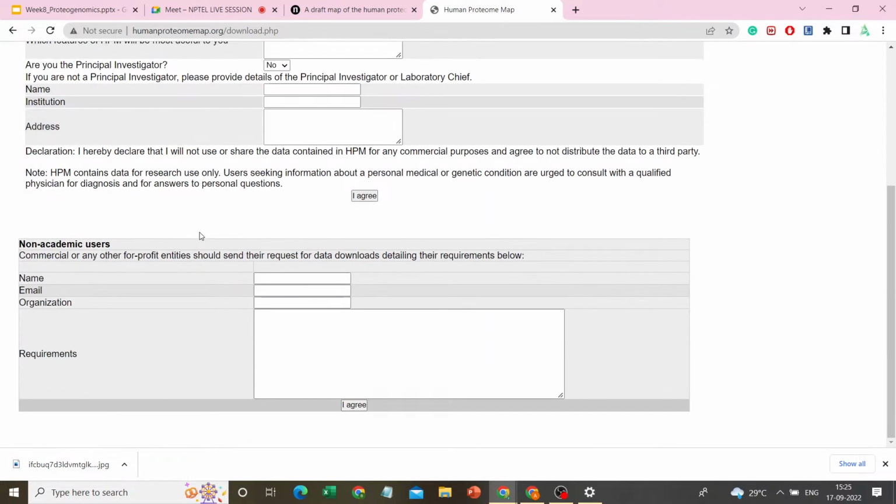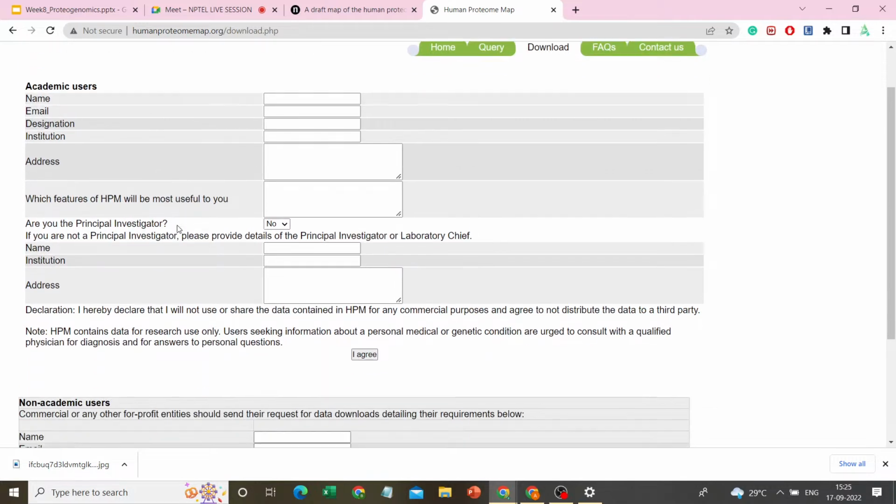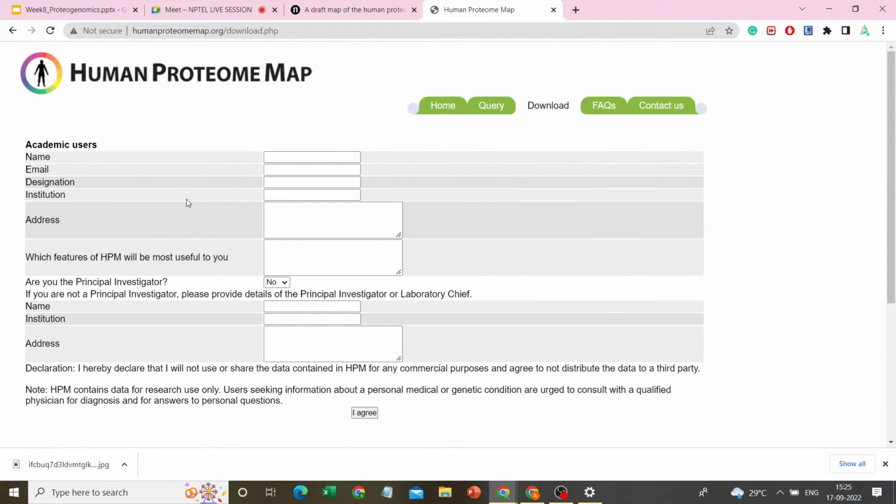If you want to download the full data, you can do it as academic users or non-academic users. You need to add your name, email, designation, institution, and which features of the Human Proteome Map will be useful to you, and that you will not share it for commercial purposes.